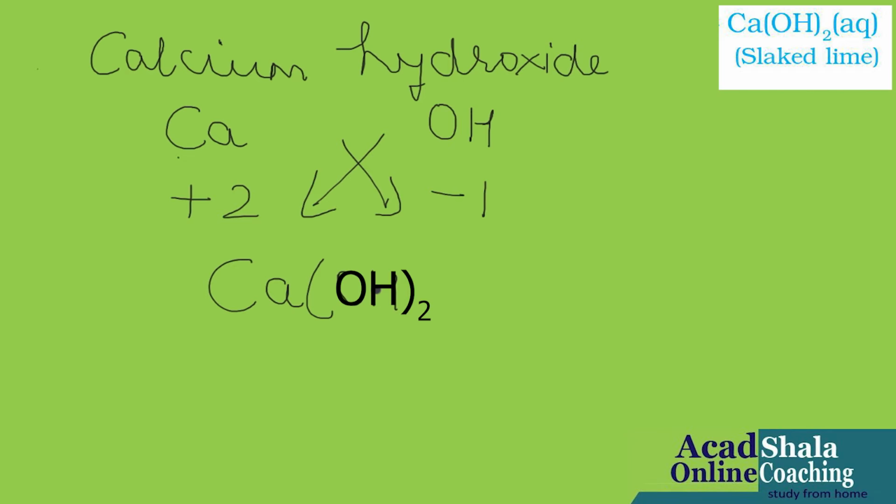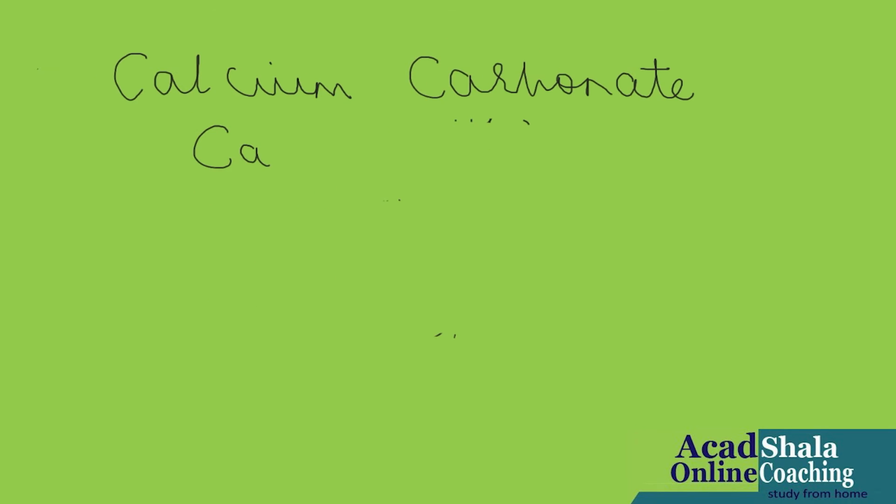We should know this. One more thing you must have studied in chapter 1, which must have come related with whitewashing and all, the compound name, that is calcium carbonate. Let me write calcium carbonate.